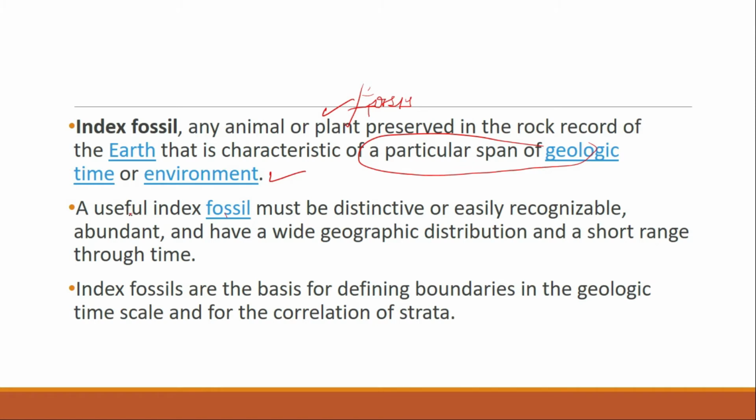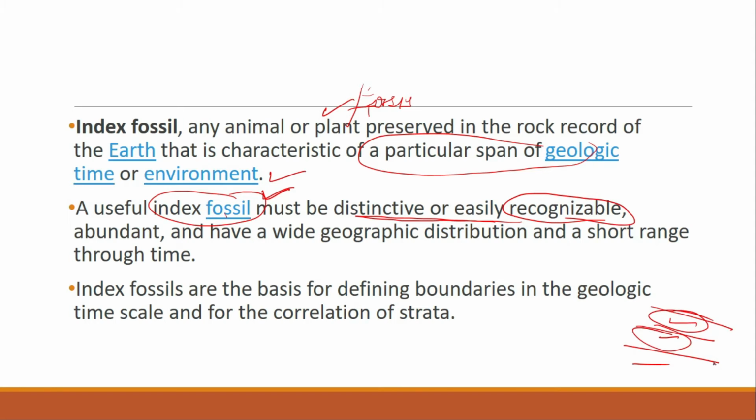Now, how will we find out that an index fossil is useful? These index fossils must be distinctive or easily recognizable. We have to find out, among different strata and different rocks, what geological time they existed in. How will we find out? By the presence of the fossil in that strata.